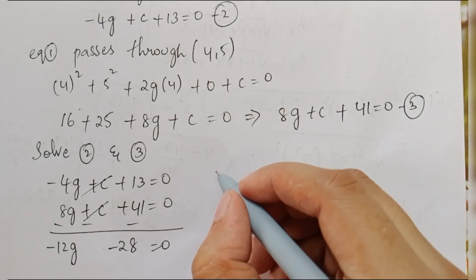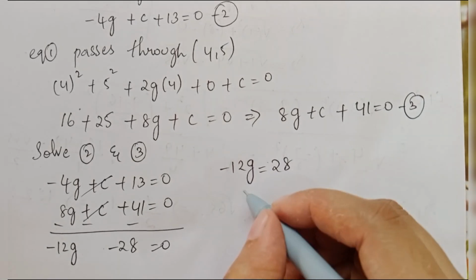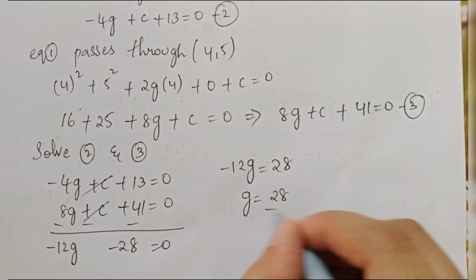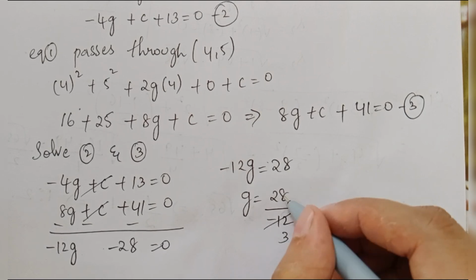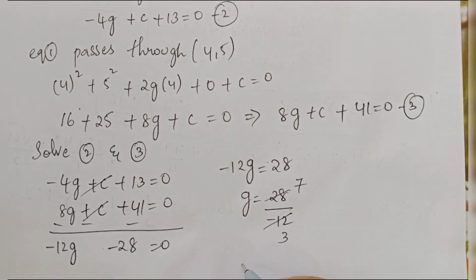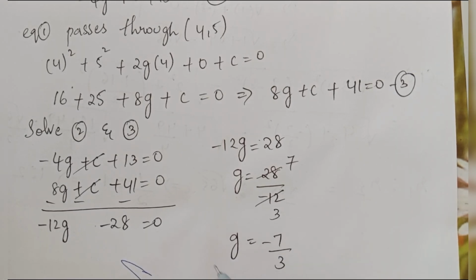So from here we get -12g = 28, and g = 28 by -12. Cancelling with 4: 4 threes are 12 and 4 sevens are 28. So the value of g will be -7/3.